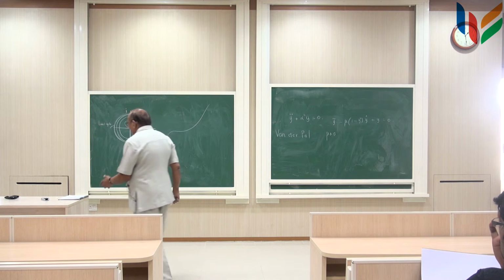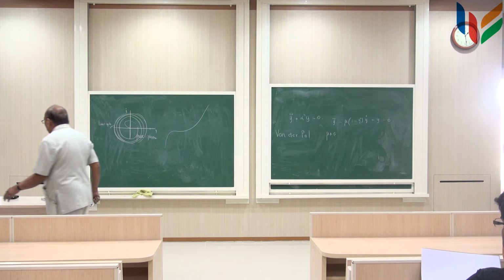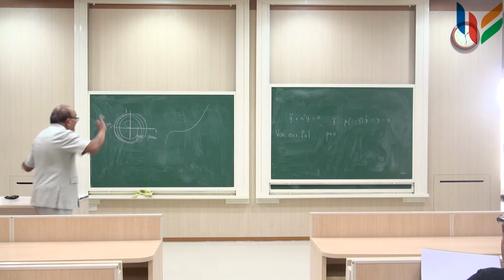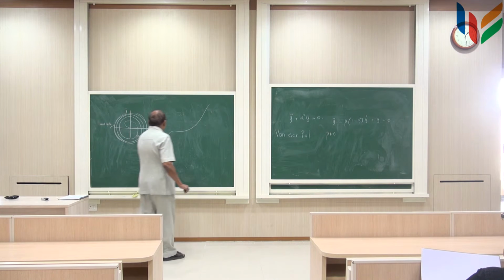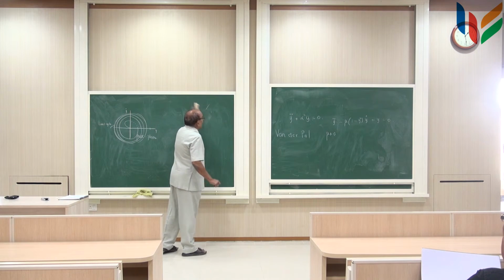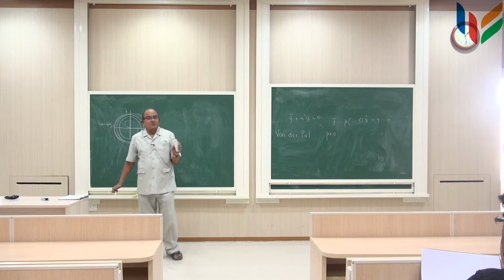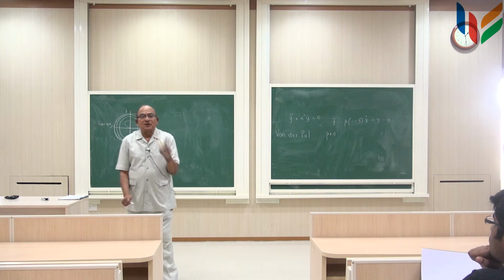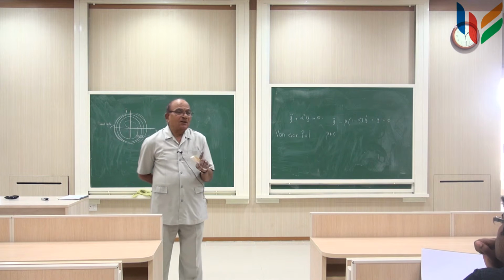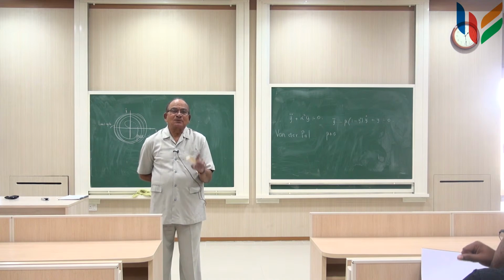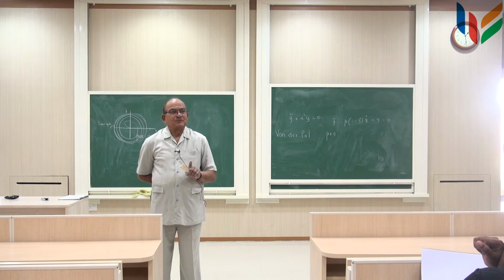So, this nonlinear mechanics will give you all this result, but I do not have time, nor am I interested in loading you with all this knowledge. The only thing I want to bring out is to let you know that the oscillator is a very, very tough animal to analyze.